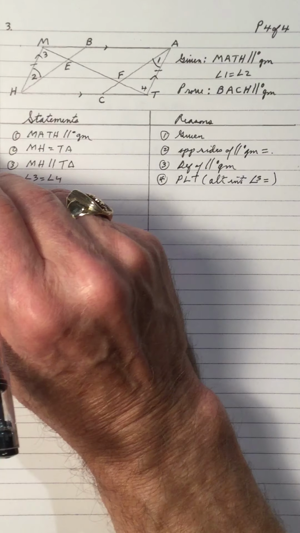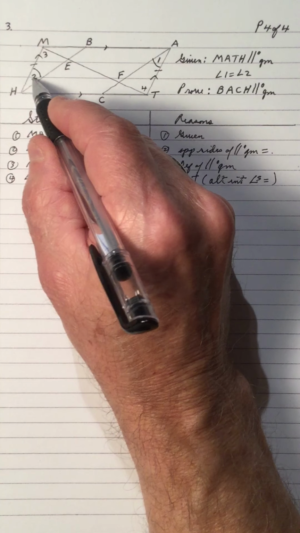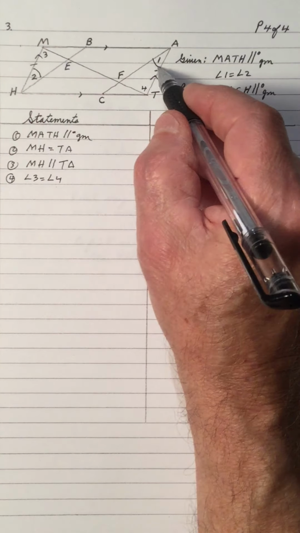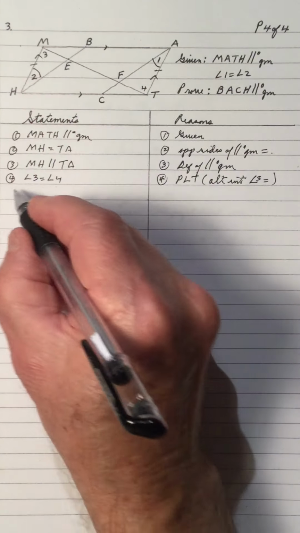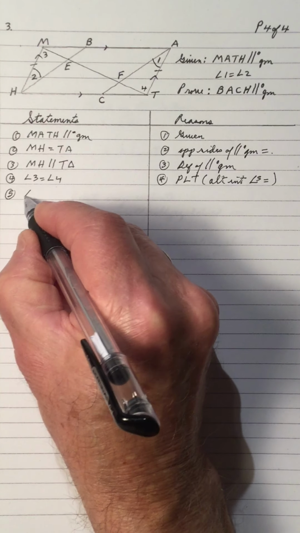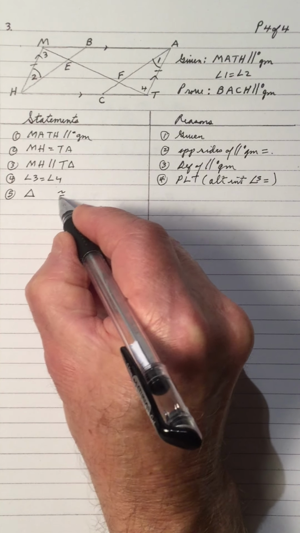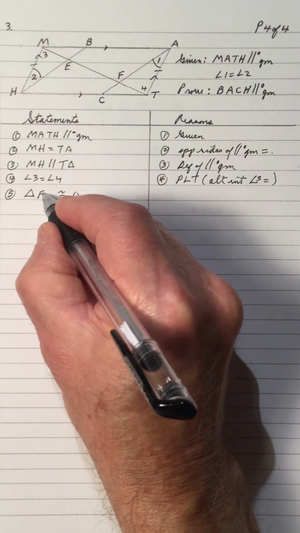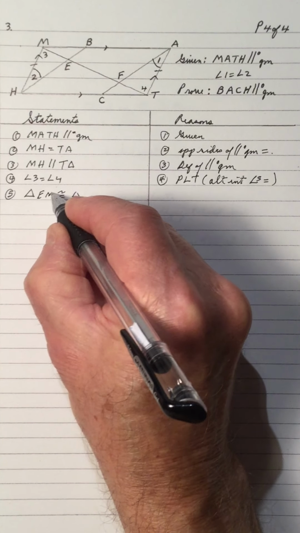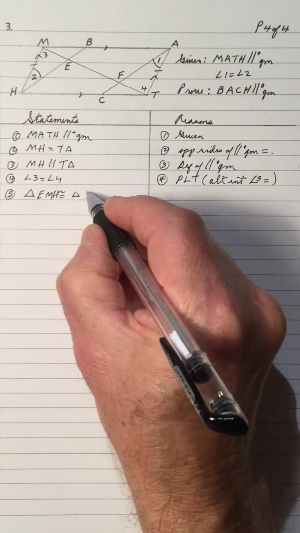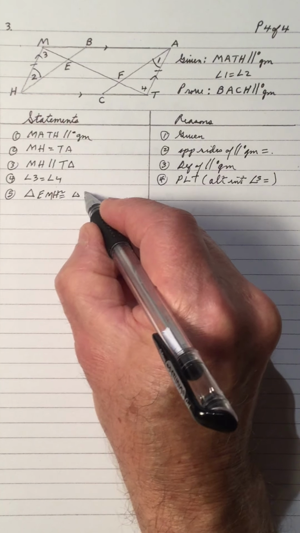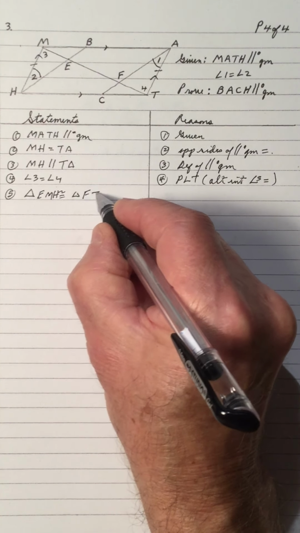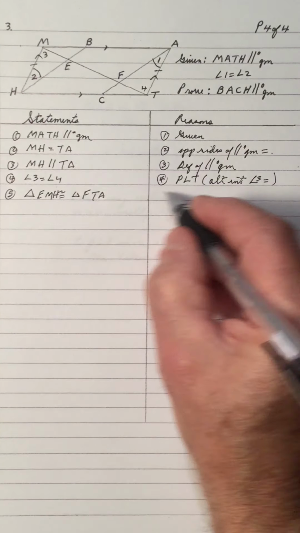So I have 1 equals 2, I have these two sides equal. I have 3 is equal to 4, so I have enough information to say that the triangles are congruent. What triangles? Well, we could say EMH is congruent to FTA.